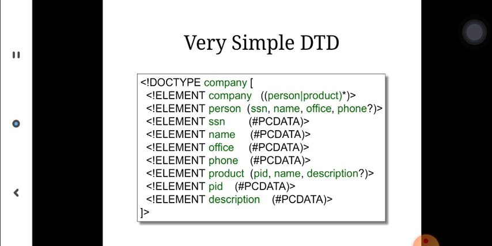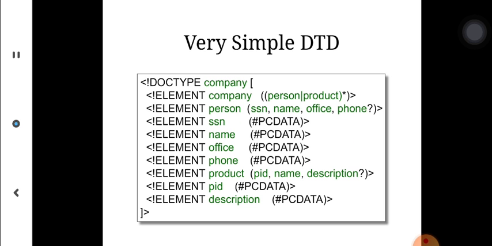And now you define each element. Element SSN, each one is an element. You say company is an element. Company consists of person and product. And then person is an element which has name, social security number, PCDATA. So now you represent all data. And then product, you say product is PID, name, description is optional, and then PCDATA. PCDATA means parsed character data.